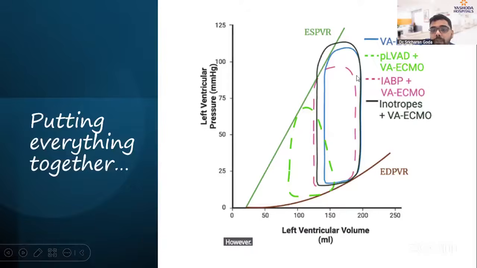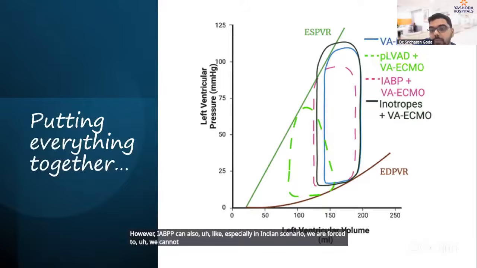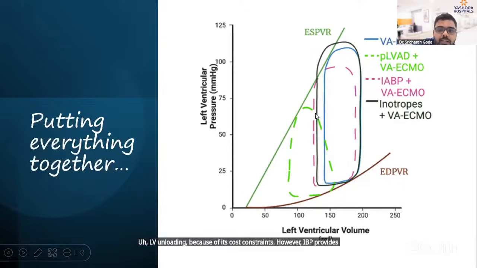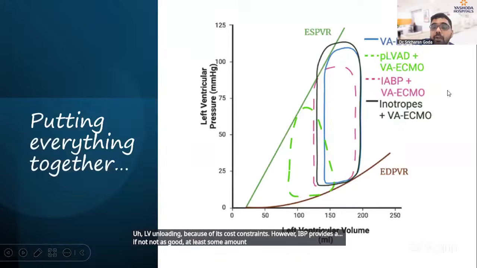However, especially in the Indian scenario, we cannot think of Impella as the primary modality of LV unloading because of its cost constraints. However, IABP provides, if not as good, at least some amount of LV unloading through intra-aortic balloon pulsations.